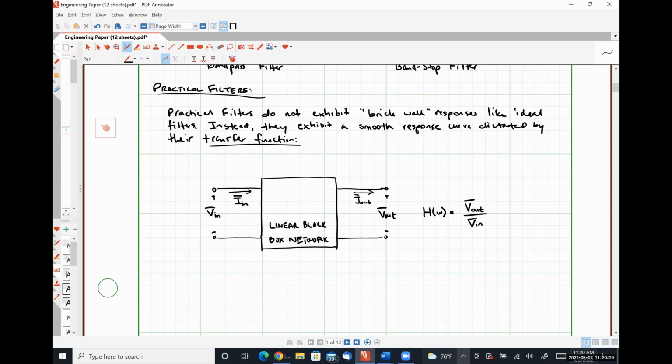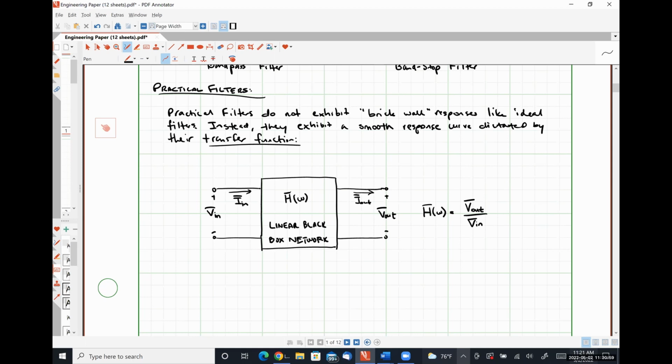And since V out and V in are complex numbers, our transfer function H of omega will also be a complex number. Our transfer function really just tells us how our system acts on the input signal to generate the output signal, okay?